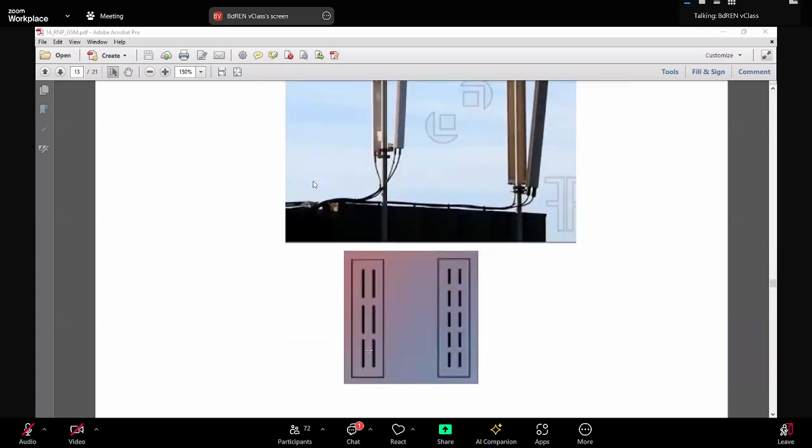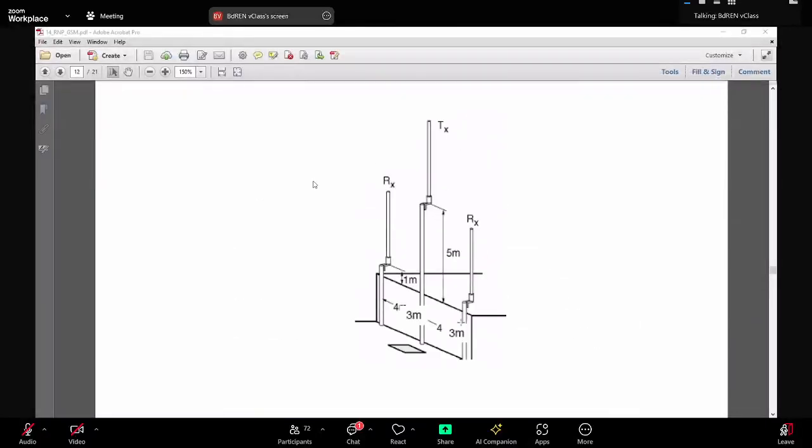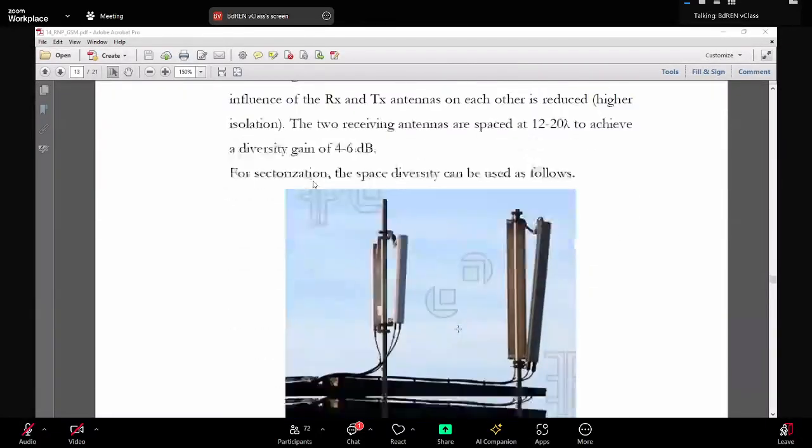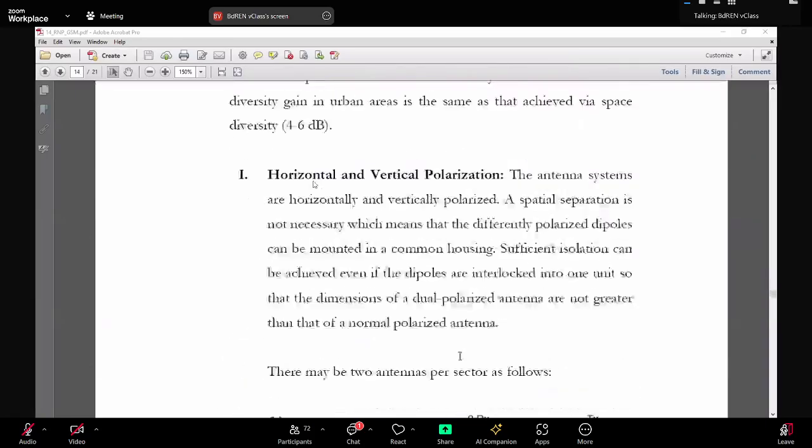So this is how you have two antennas, which you need here for reception. And you can use one of them for transmission.